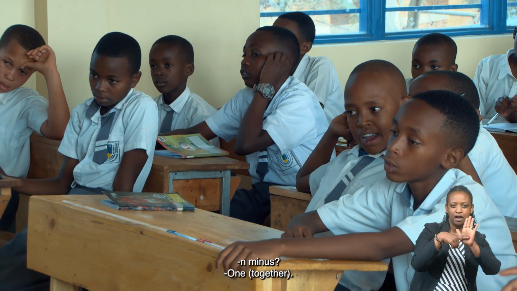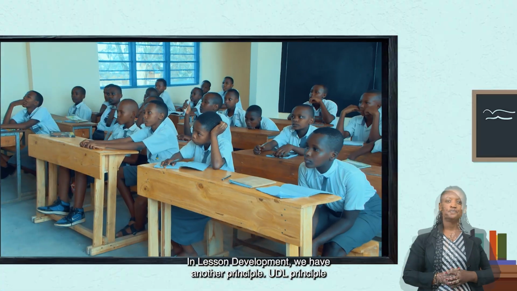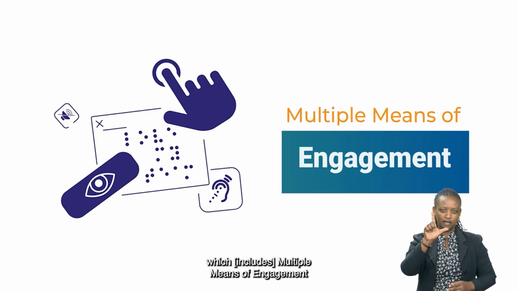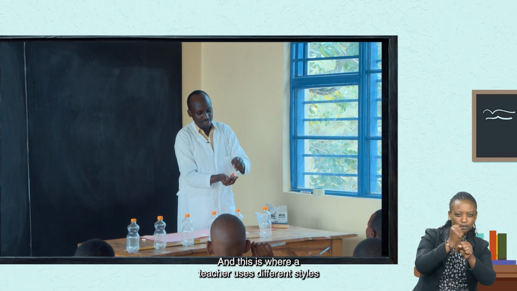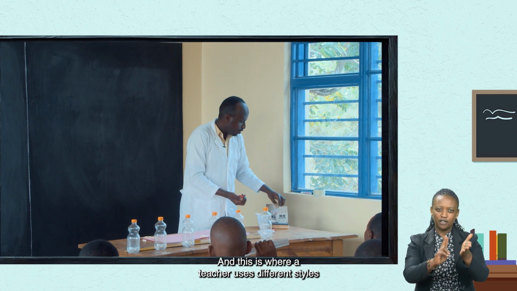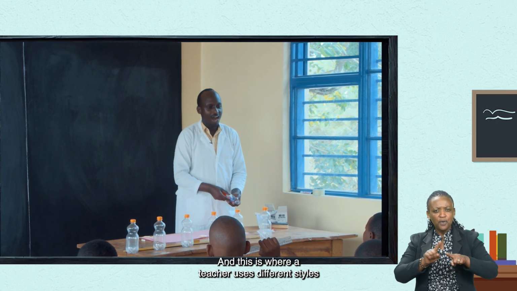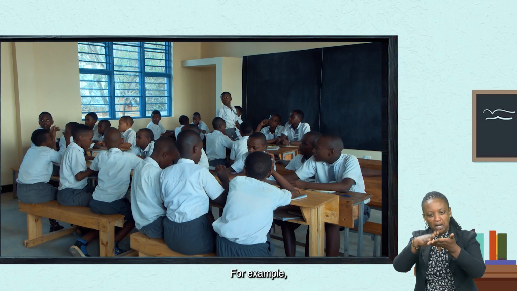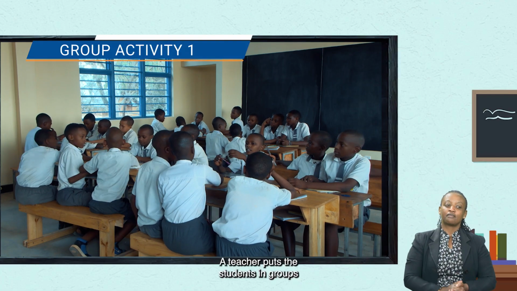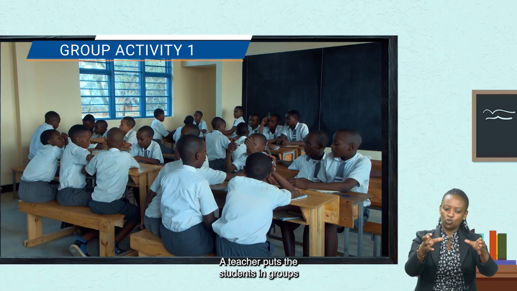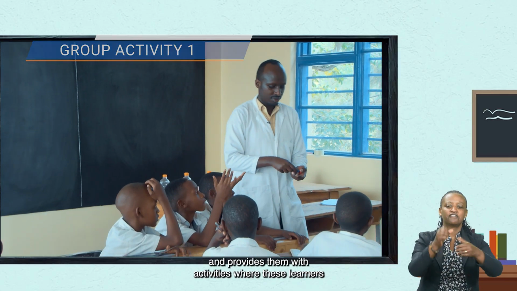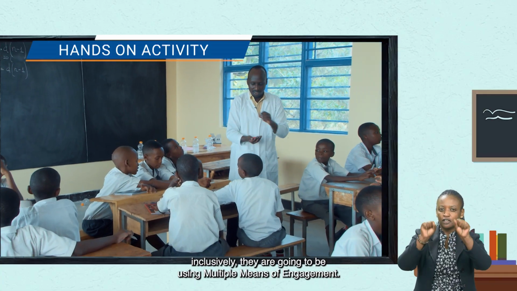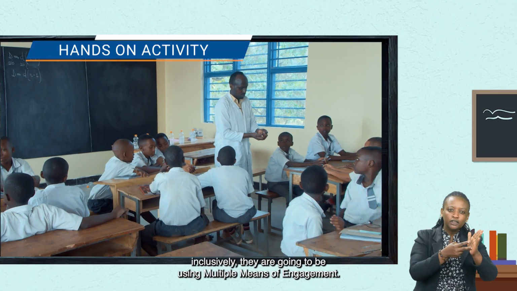In lesson development, we have another UDL principle, which is multiple means of engagement. This is where a teacher uses different styles, because we have learners with different learning styles. For example, a teacher puts the students in groups and provides them with activities where these learners are inclusively going to be using multiple means of engagement.